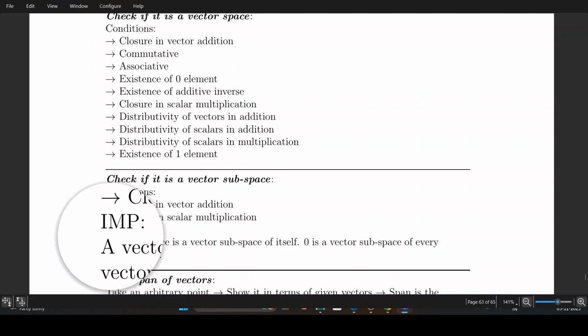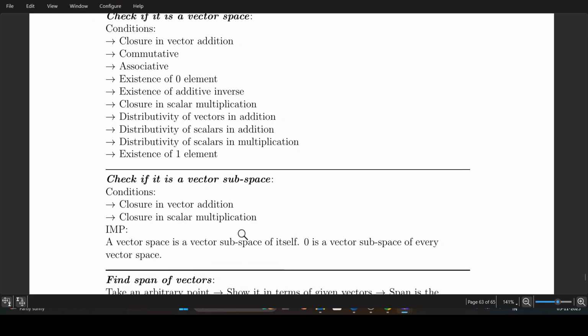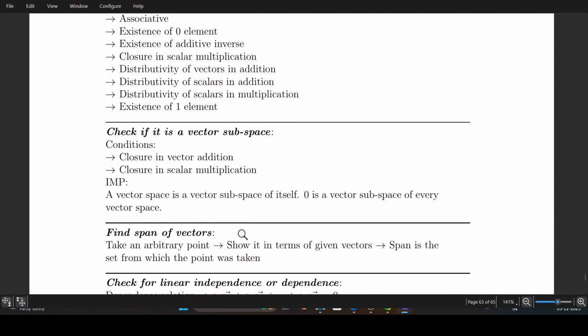I have mentioned these points in the previous video itself, but I have mentioned it again, sorry. So a vector space is a subspace of itself, and 0 is a vector subspace of every space. Okay, next is to find span of vectors.